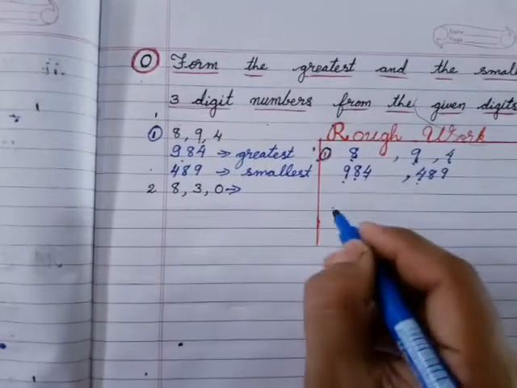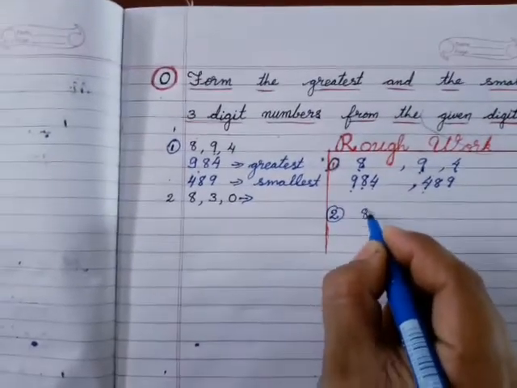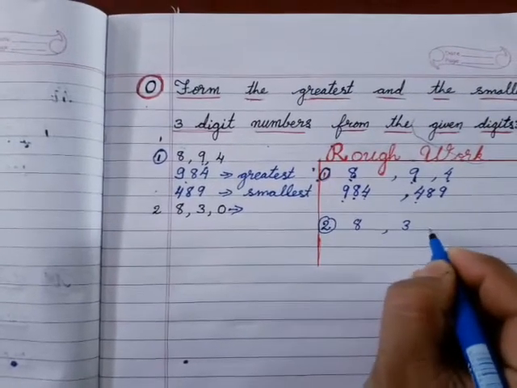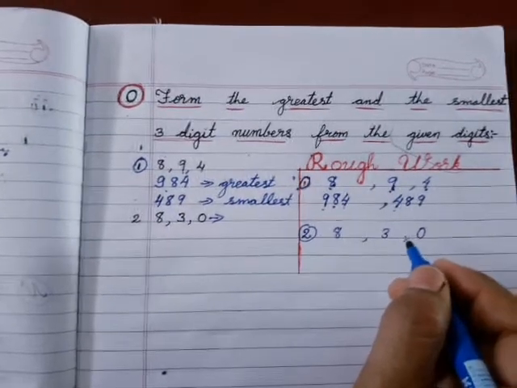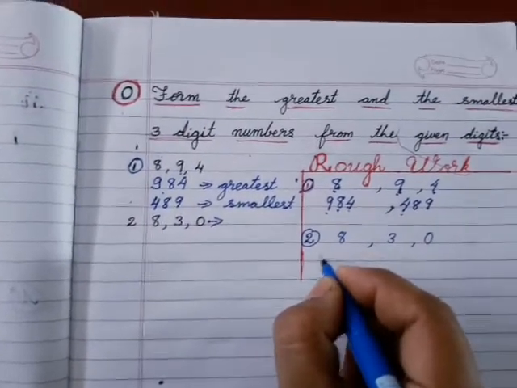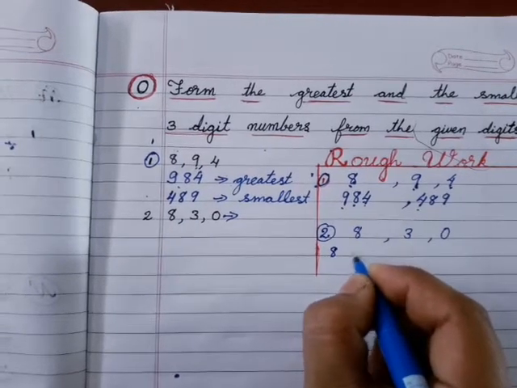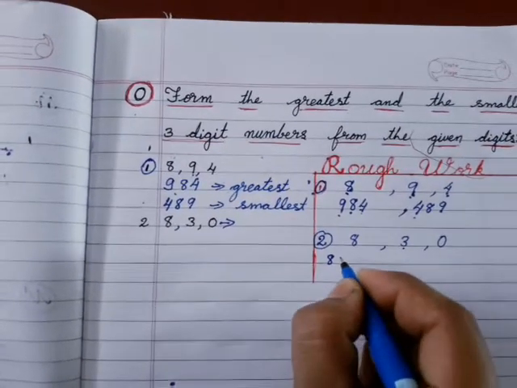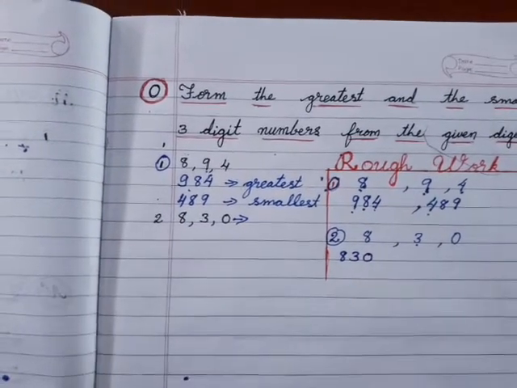Now let's take the second question, where you are getting 8, 3 and 0, three digits. The greatest digit among them is 8, the second is 3, and the last one is 0.